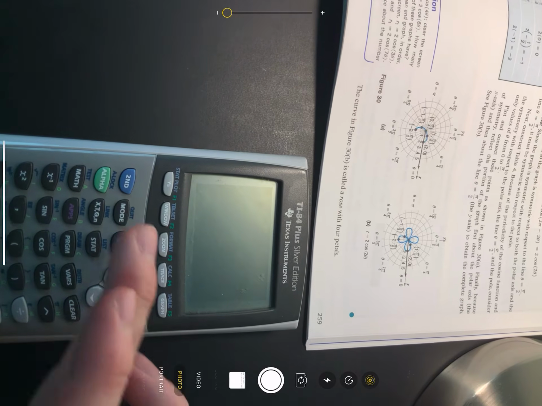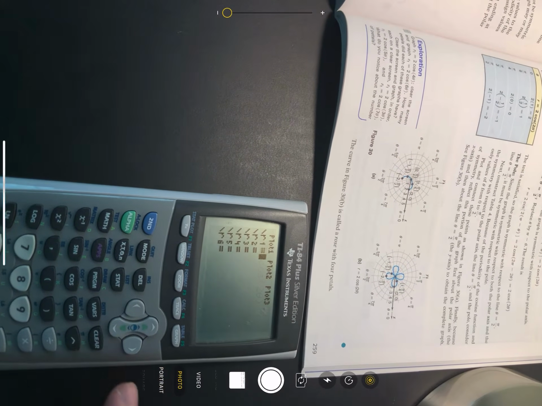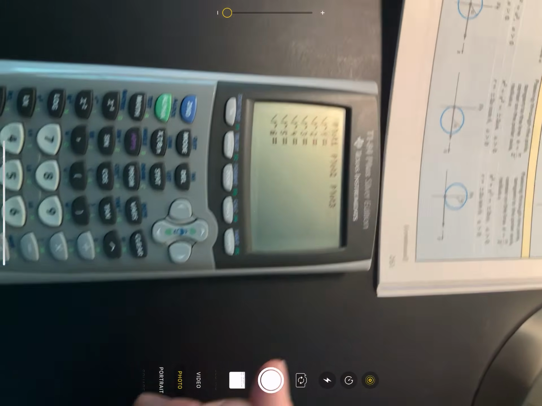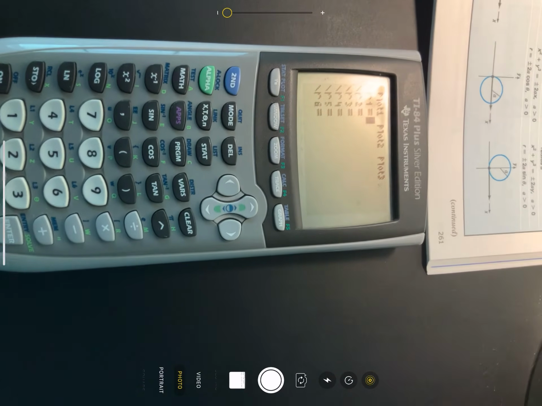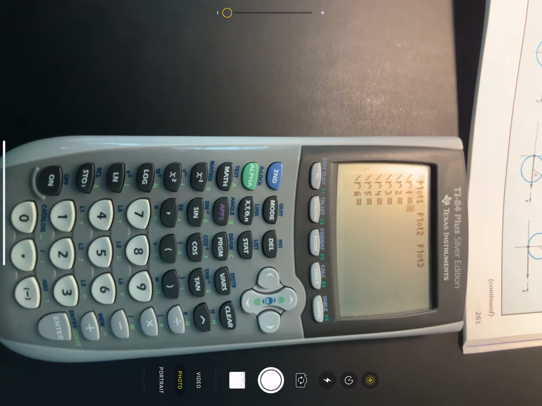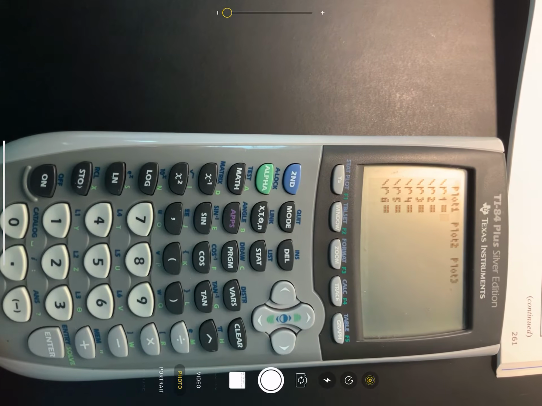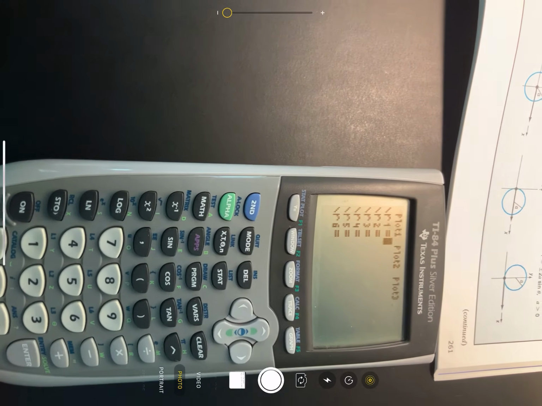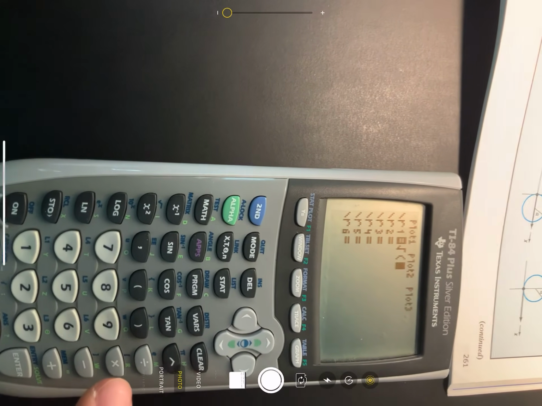Okay, so let me clear that out, and let's not graph the rose, but the lemniscates. Let's see here. It was r squared. Ooh, how are we going to do r squared? Maybe I have to take the square root of it, because that's just r. So let's try that. I hadn't done this, so we'll see.